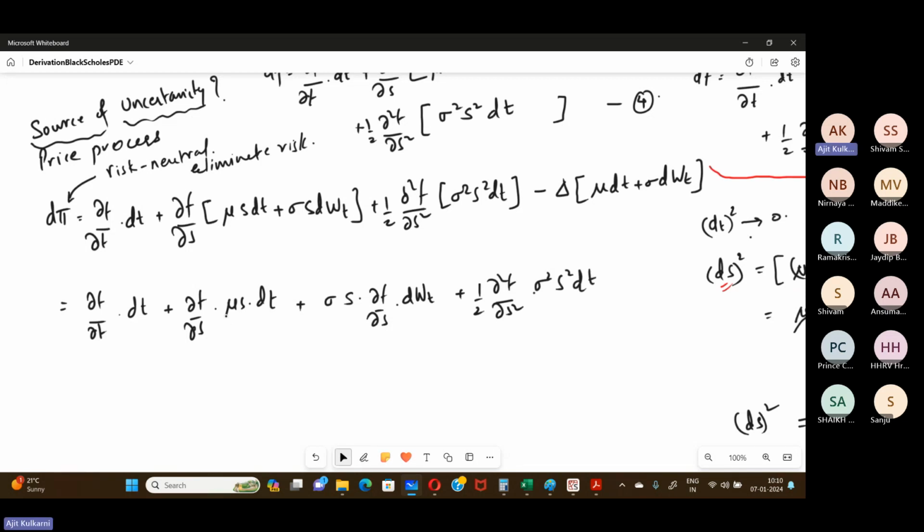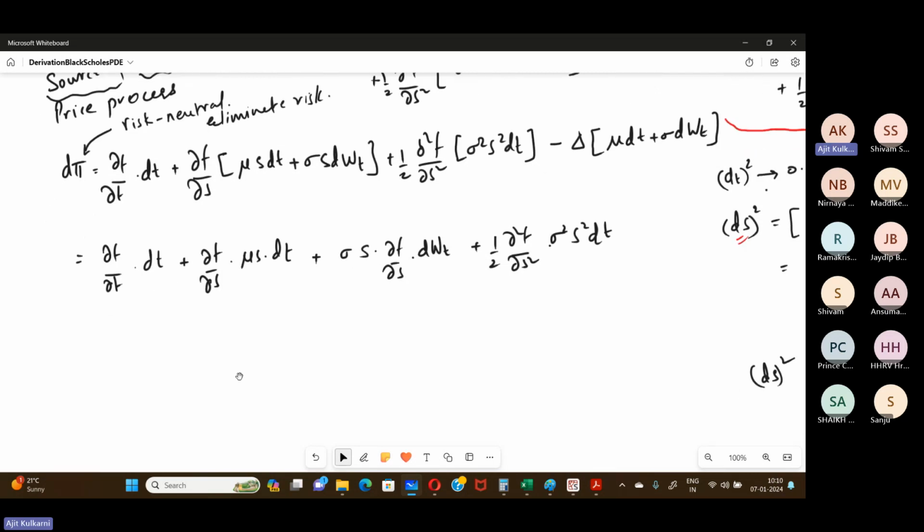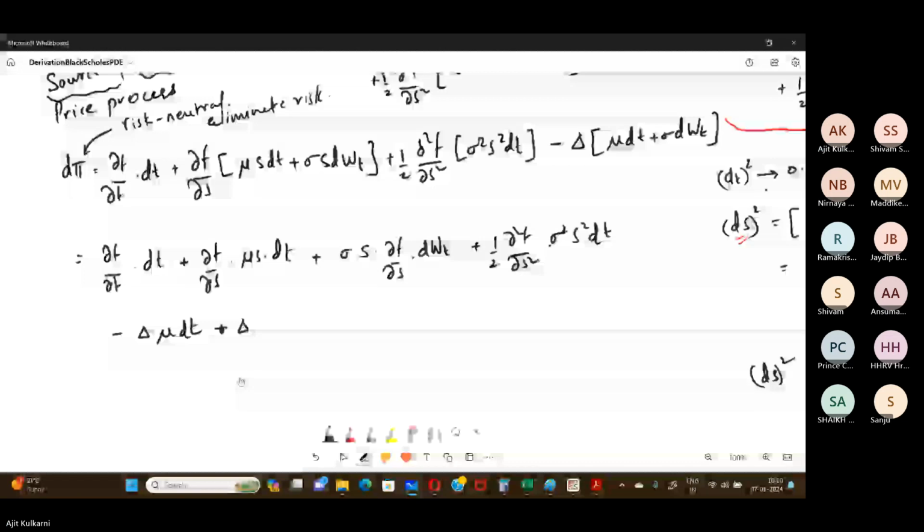This I have written as it is, minus delta times mu dt, minus delta times sigma into dWt.